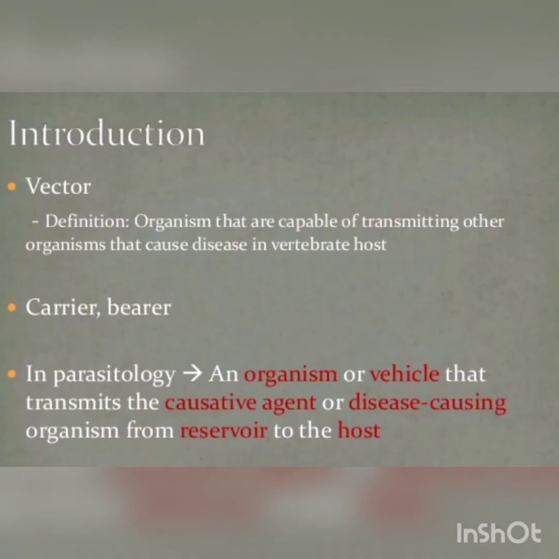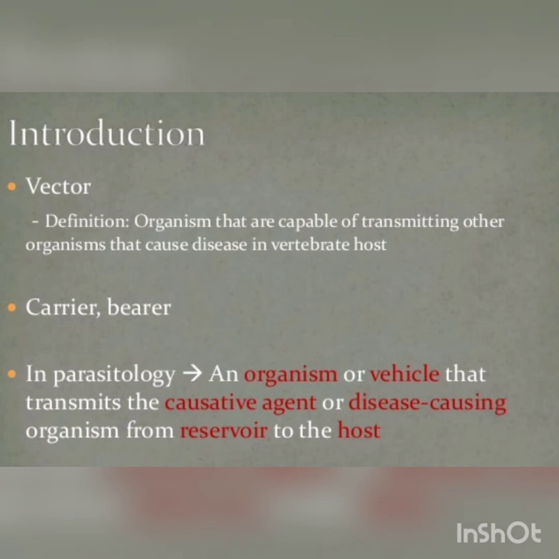The vector is an organism that is capable of transmitting the causative organism from one organism to another, and it causes diseases among vertebrate hosts. That is called a vector, a carrier or bearer. In parasitology, the vector is an organism or a vehicle that transmits the causative agent or disease-causing organism from the reservoir to the host.